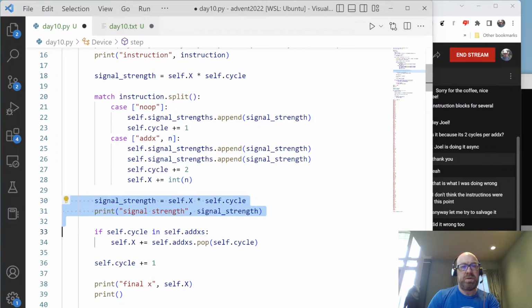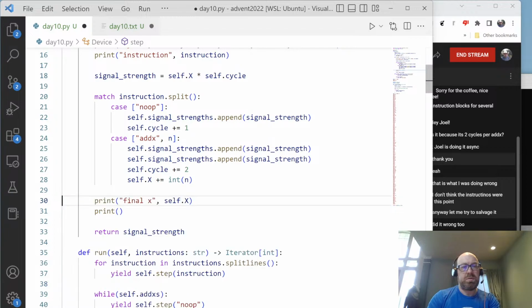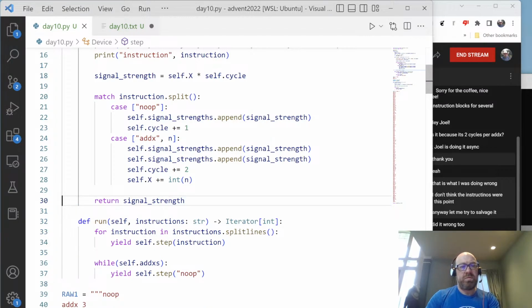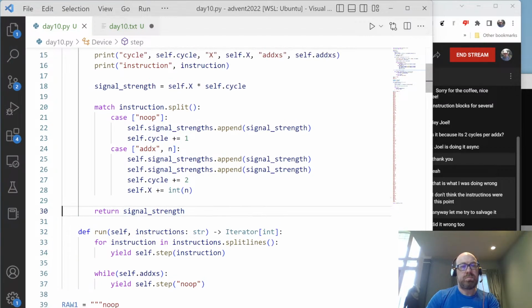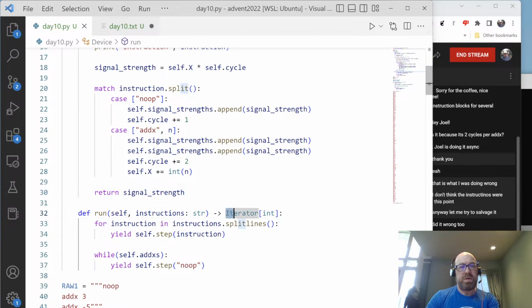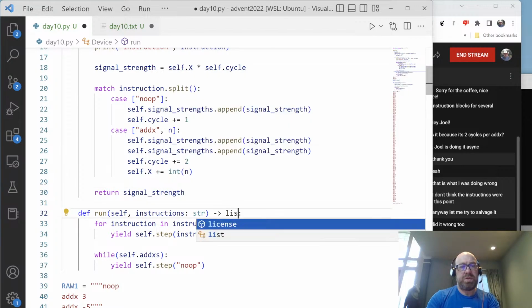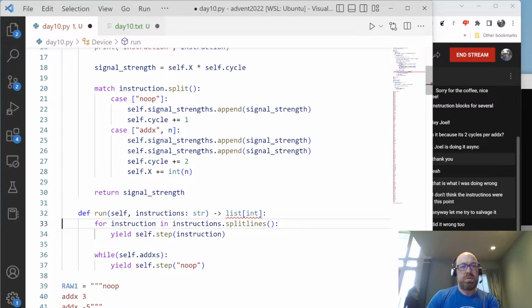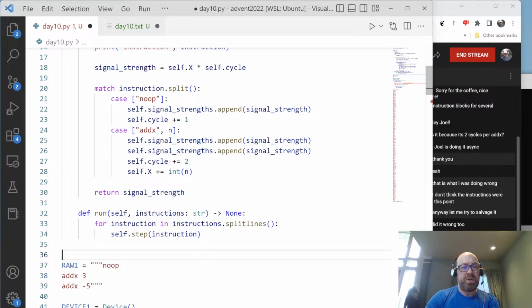And then I don't need to do any of these things. So, and now let me change this. Actually, no, I don't even need to do that. I'll just say self.step instruction. So that will clean this up quite a bit.